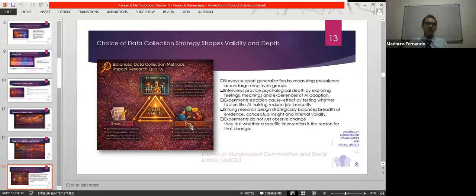When you balance these two, you get causal validity, because your qualitative insights validate your quantitative insights, and your quantitative insights validate your qualitative insights, and you are experimenting continuously. So it's a chain effect, and you can continue this chain effect up to your limitations.